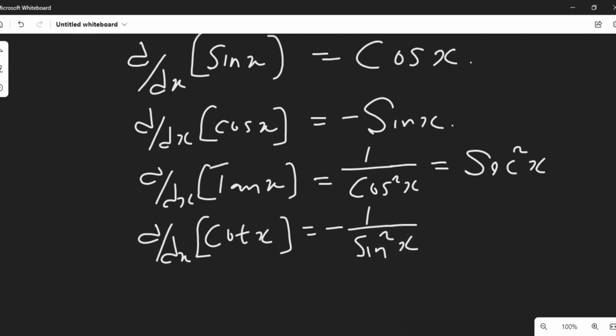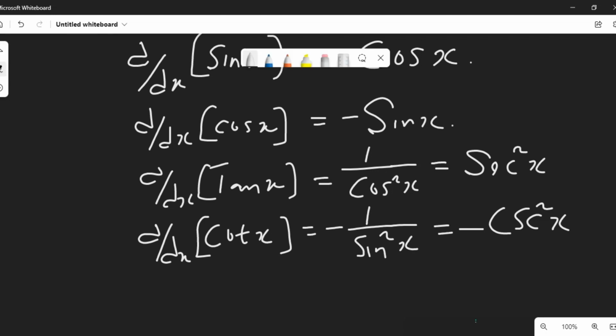And we know in trigonometry the negative value of 1 over sine square x is going to give us negative cosecant square x. So the derivative of cotangent x is equal to negative cosecant square of x. And that's the value it's going to give us.